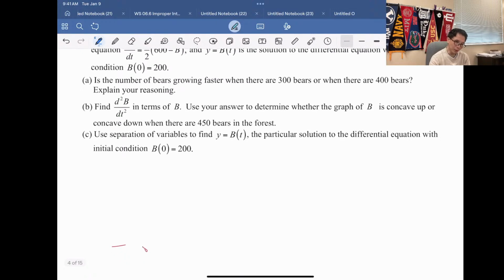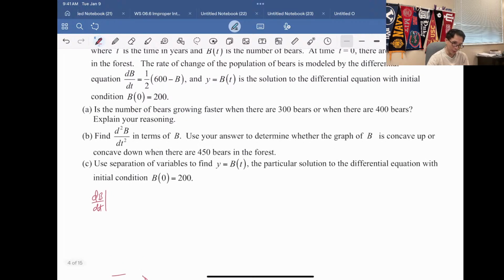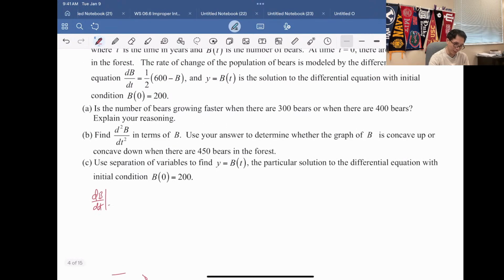So what I will do is figure out how dB/dt works. When the bear is equal to 300, that's going to be 1/2 times (600 minus 300), and that's equal to 150.